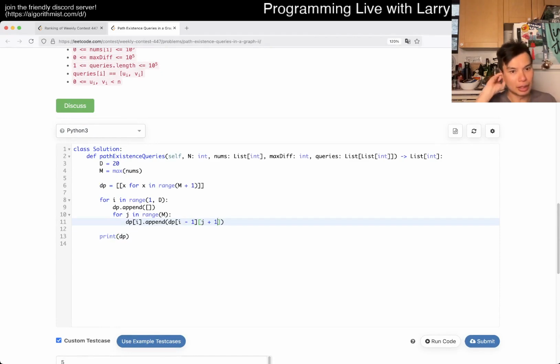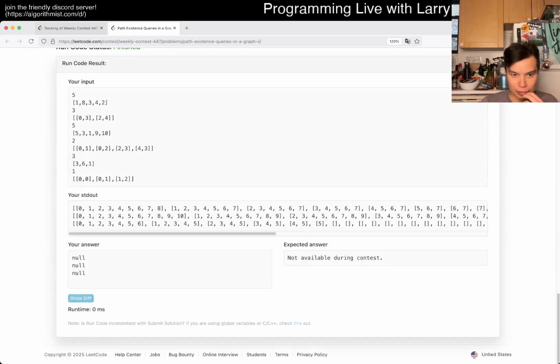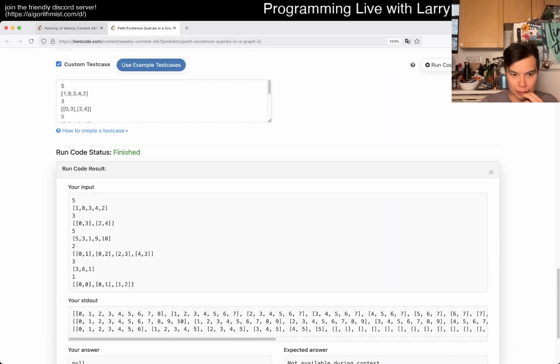It is this, but you need to minus i or something weird. No, this isn't right. So, okay, so this should represent this, and so forth.